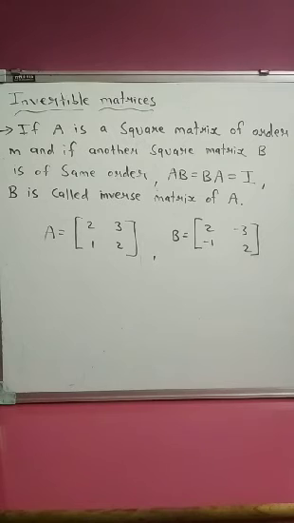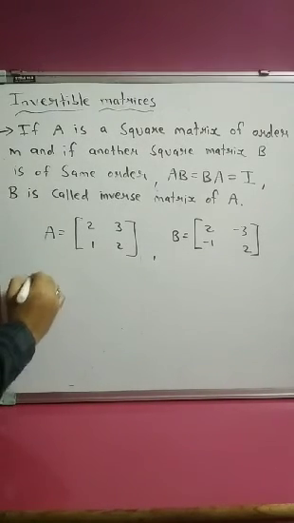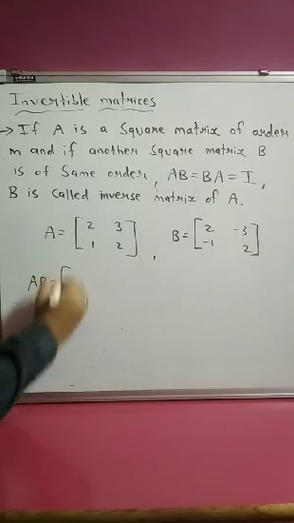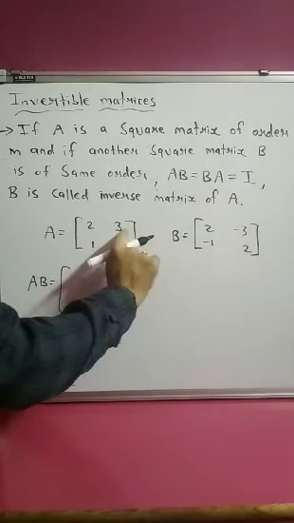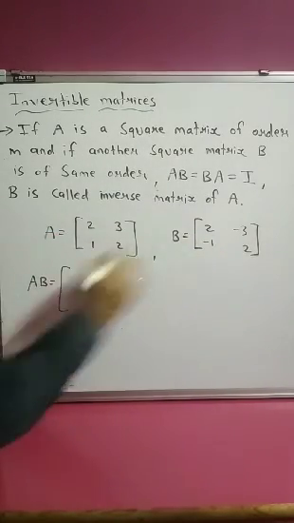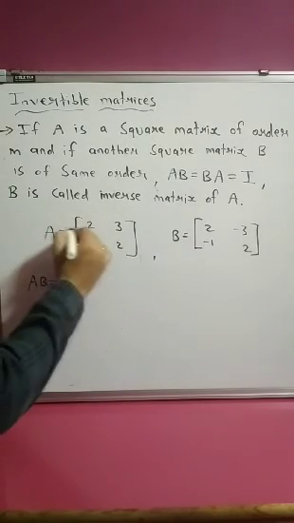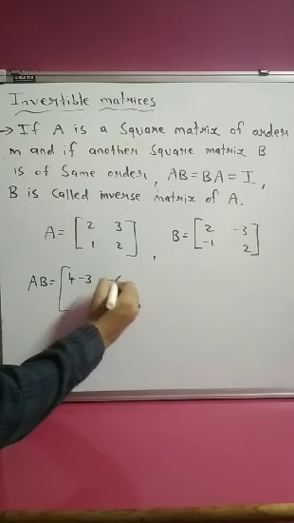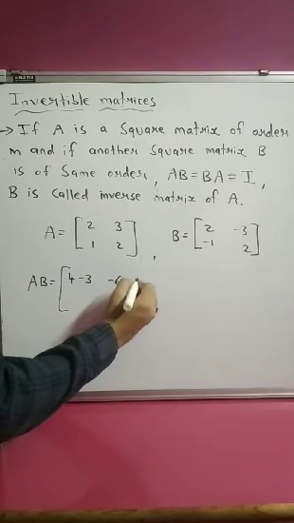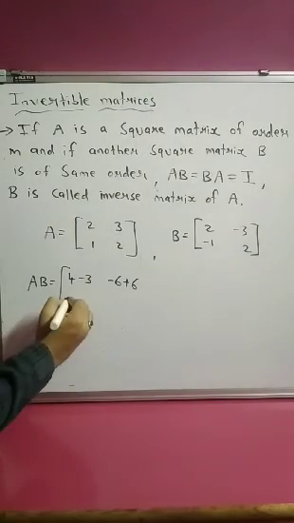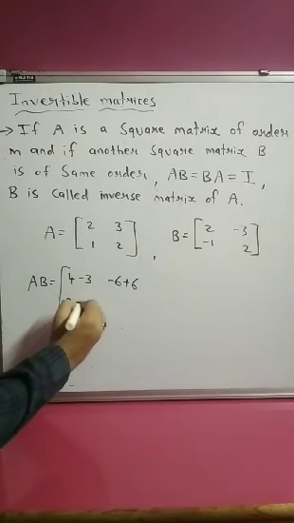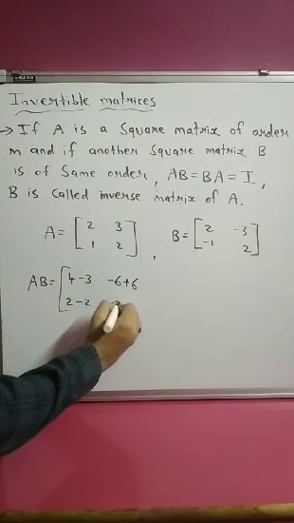Now first of all let us find AB. If we are finding AB, multiply the first row with the first column. So 2 2s are 4, 3 1s are 3. Then 2 3s are 6, 3 2s are 6, 1 2s are 2, 2 1s are 2, 3 1s are 3.